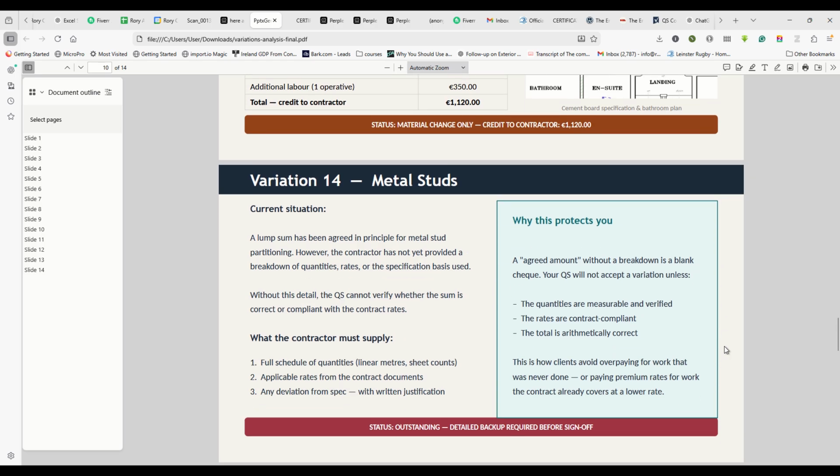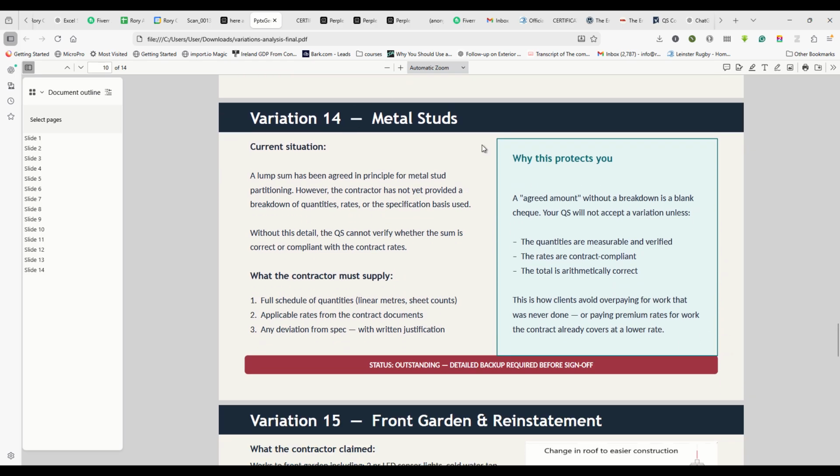So metal stud works, this was interesting because the walls were old and they were somewhat in a delicate disposition. The engineer thought it was better to use stud walls, not to tie into the existing walls.